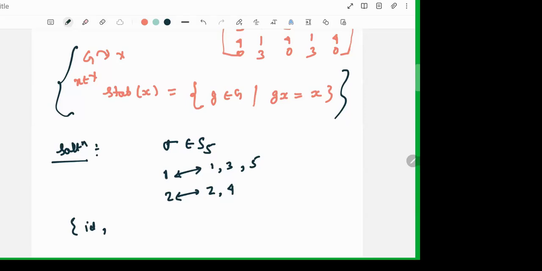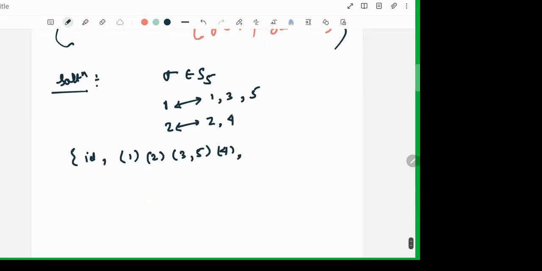Another one you can take: image of one is one itself, image of two is two itself, image of three is five, and five goes to three, then four itself, right? This will work.